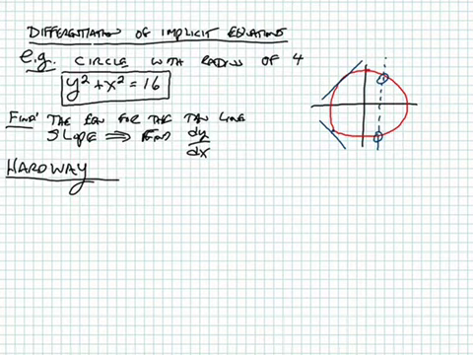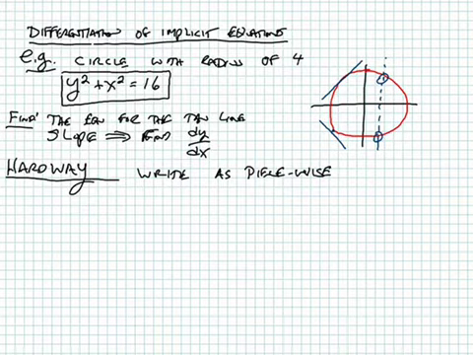The harder way of doing this would be to break this into a piecewise function. So I'm going to write the equation of the circle as a piecewise. Again, there's only a small number of implicit equations I can do this with.